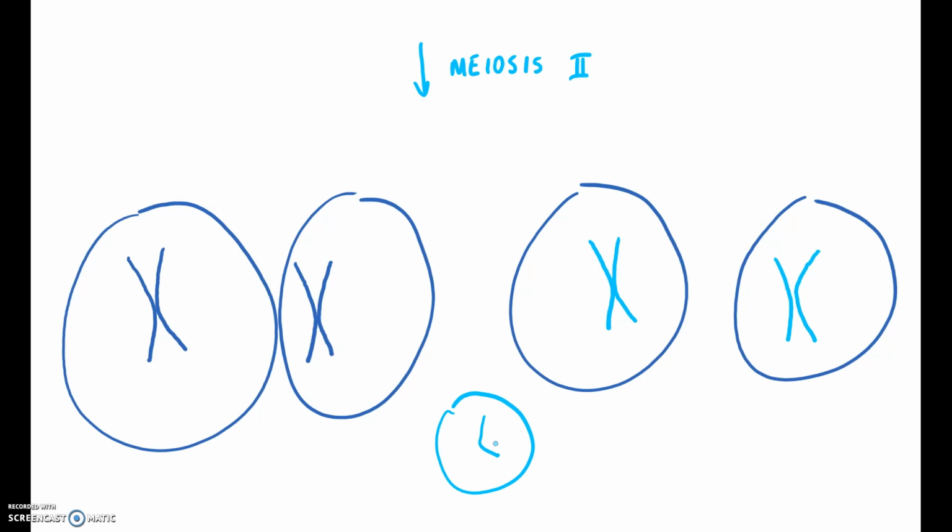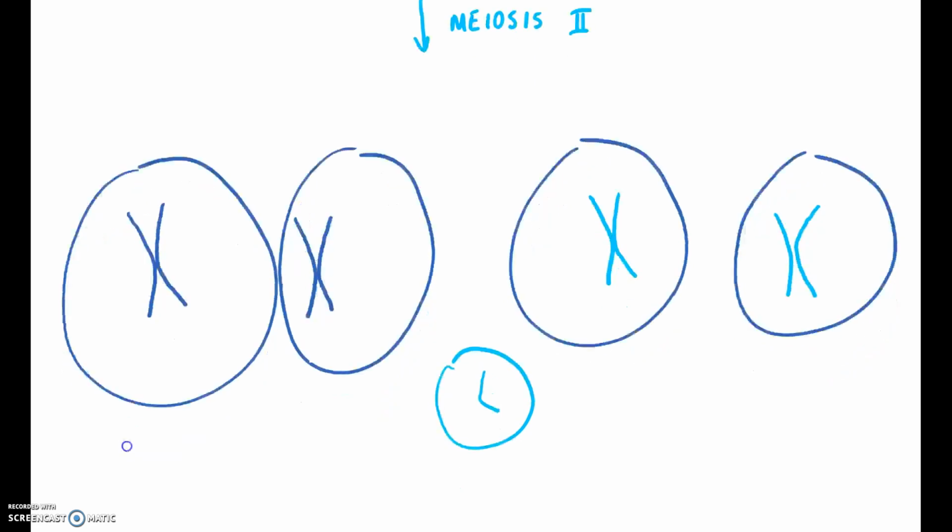I think one of the things to be aware of with anything to do with meiosis is that we can be quite lazy when we talk about meiosis, or chromosomes in particular. Whilst sometimes you see chromosomes represented like this, you will also see chromosomes represented as essentially a chromatid without the centromere and the second chromatid.